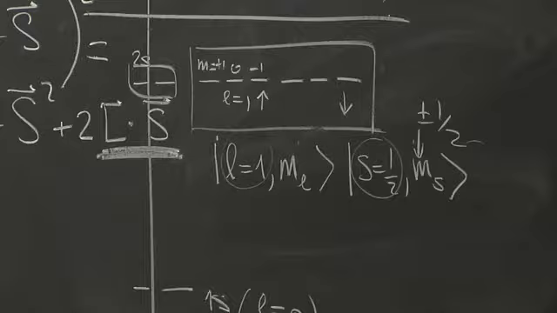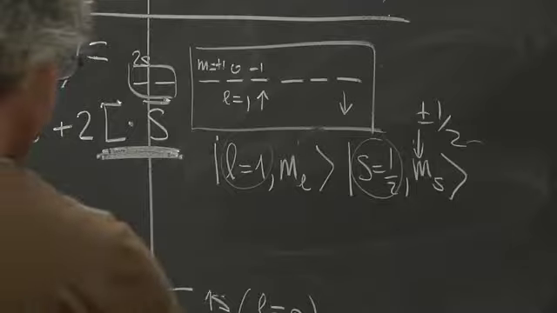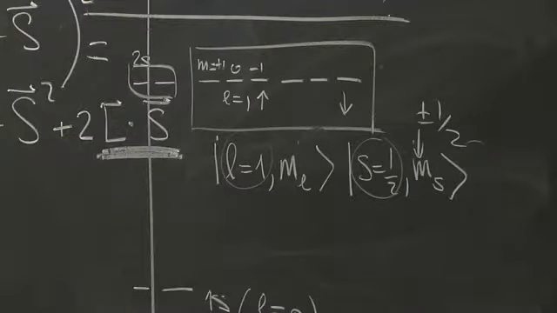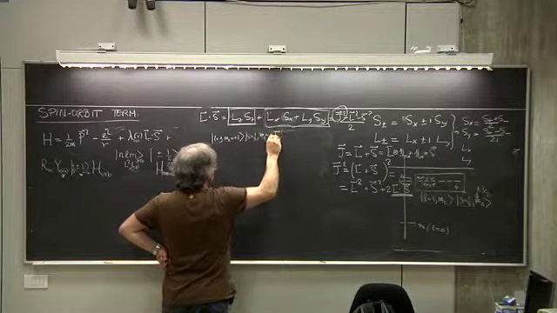Very good. Okay. Let us start forming a few states. For instance, what about an object like L equal 1, ML equal to plus 1 times S equal to 1/2, MS equal to plus 1/2.